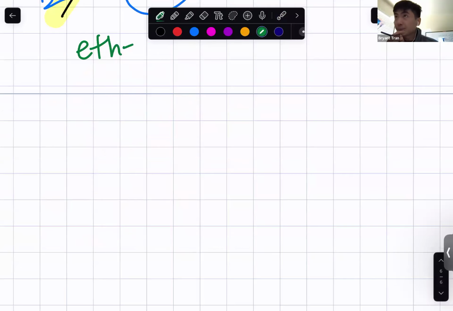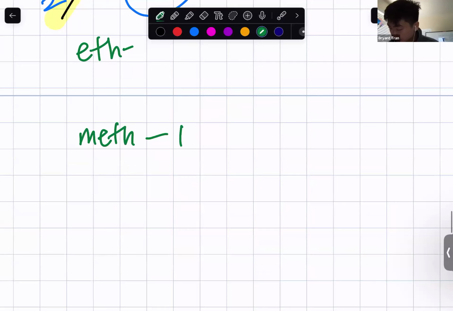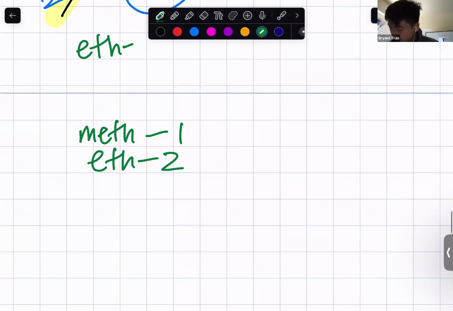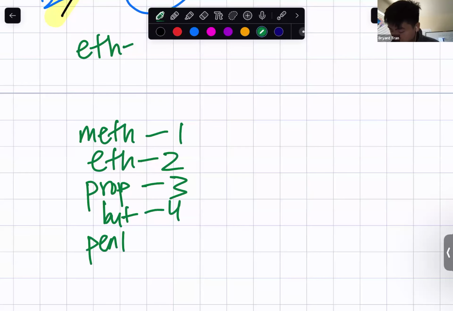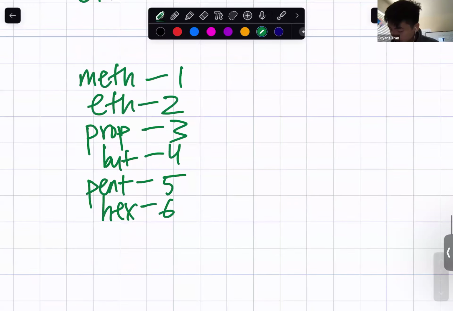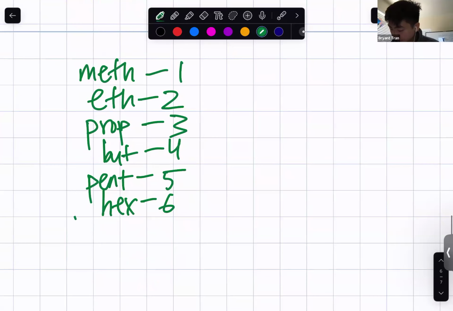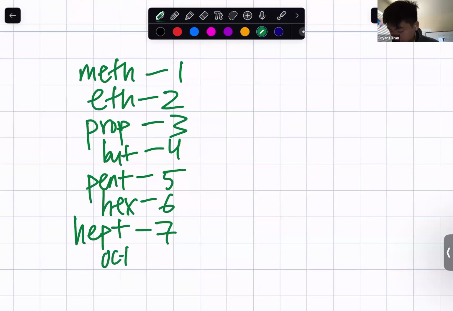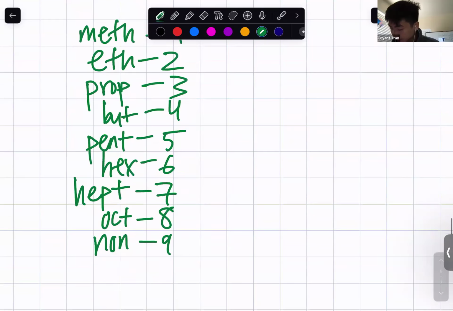Because meth would be one, eth would be two, prop would be three, but would be four, pent would be five, hex would be six, hept would be seven, oct, like octagon, would be eight, non would be nine, and then dec would be 10.